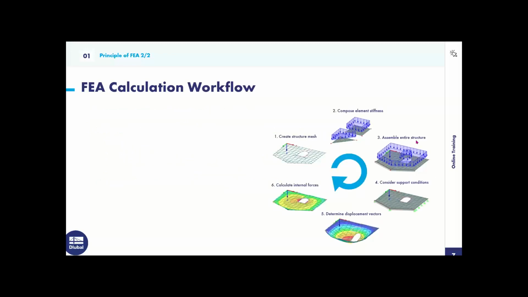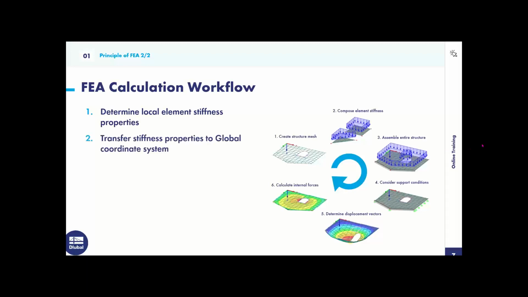Now we can go through the FEA calculation workflow. First, the local element stiffness relations, or the properties, are determined. Then the program changes the stiffness relation at each node to the global coordinate system.